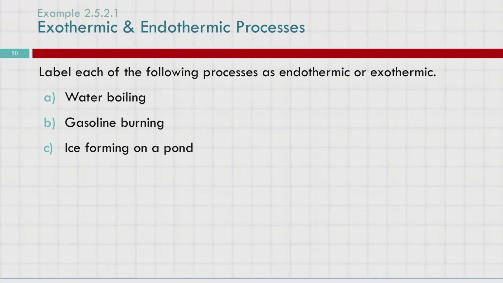All right, for each of these processes, is energy going in, endothermic, or is energy coming out or being released, exothermic? So if you want to get water to boil, is that an endothermic process or an exothermic process? That is an endothermic process.